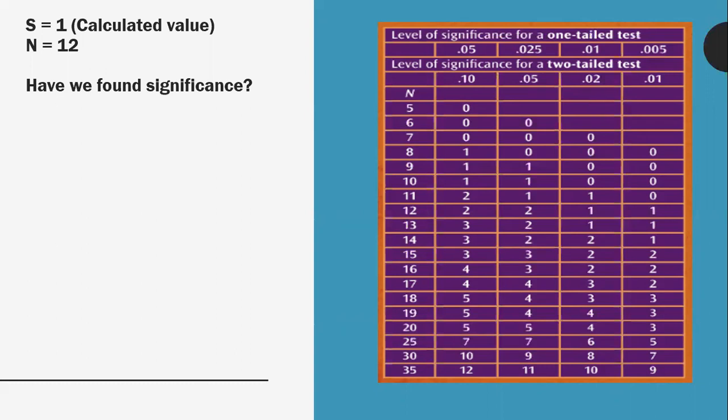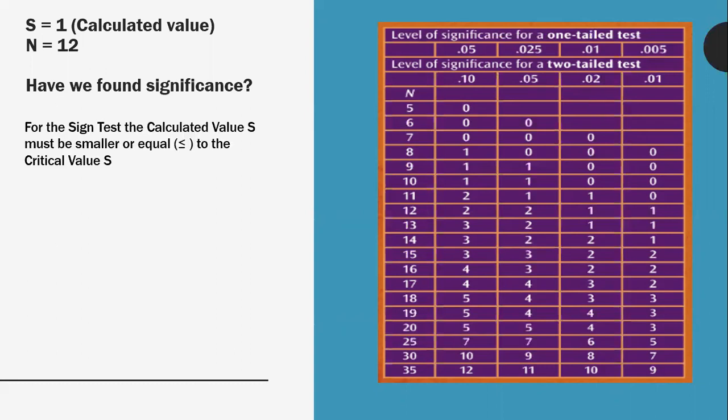And remember, if we find, or we don't find, significance, this will influence what conclusion we make in terms of our hypotheses. So for the sign test, this is really important. In the sign test, the calculated value of S must be smaller than or equal to the critical value.